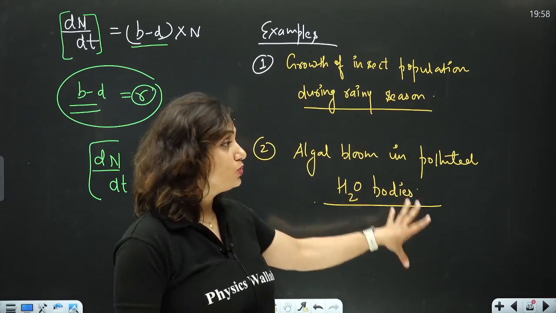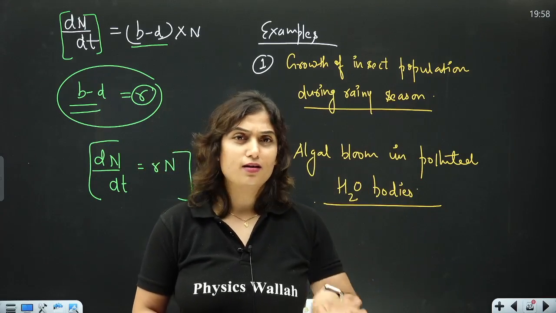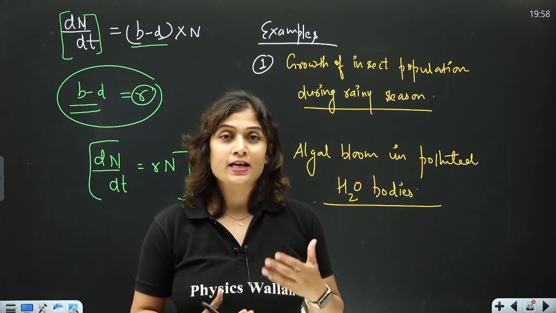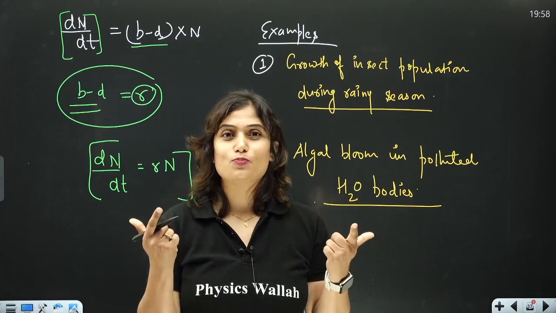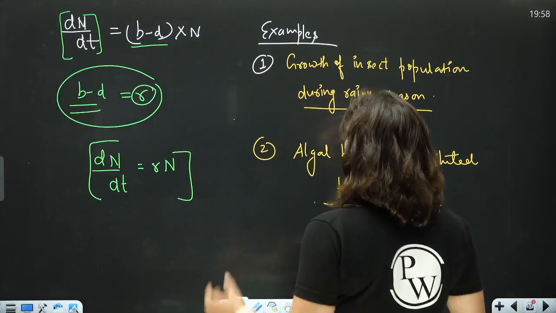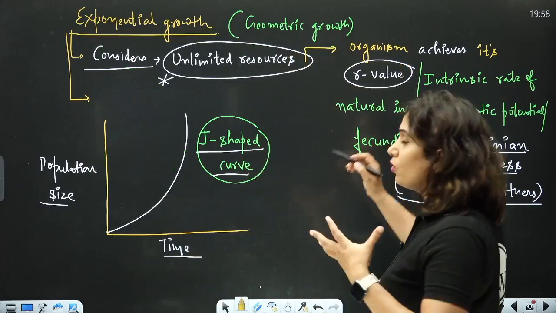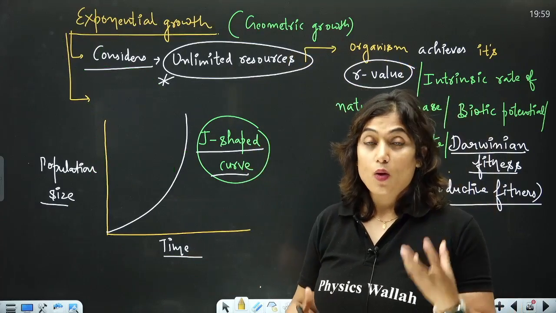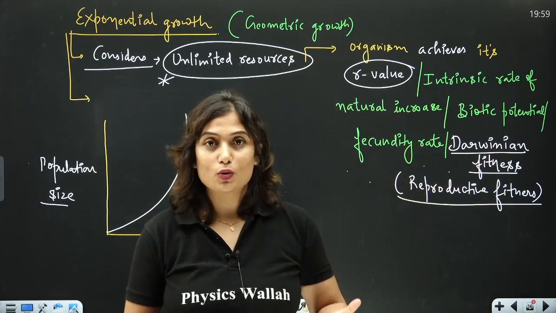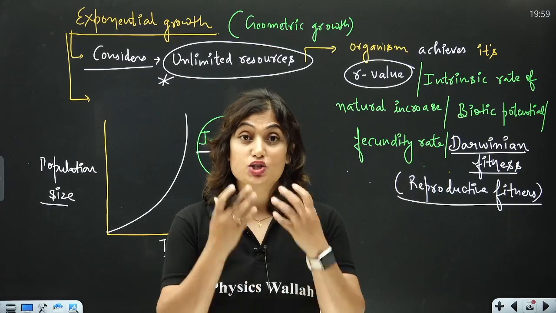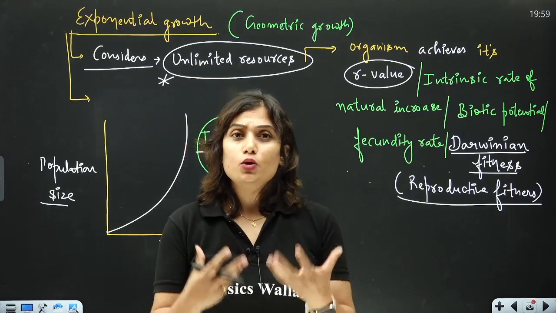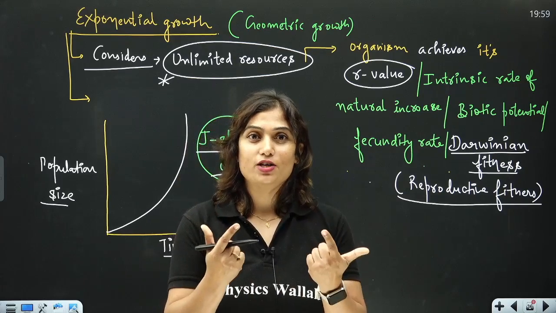So these are the two examples when the organisms are getting unlimited resources and they achieve their R value and increase their population size exponentially. So remember, exponential growth or geometric growth can be explained when the resources are unlimited, and during those conditions the organism achieves its maximum reproductive fitness and adds new individuals exponentially.